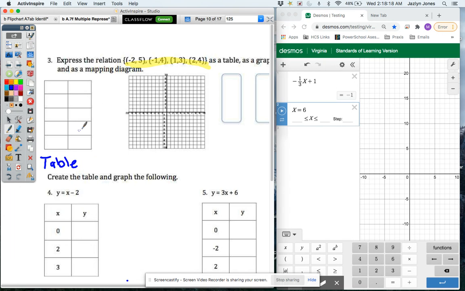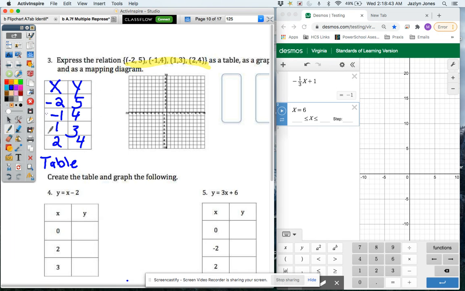My table, which will also give me my ordered pairs after I plug it in. But in my table, I know I need an X and a Y. X and Y, right? So I'm just going to go ahead and start plugging them in. -2 and +5. -1 and +4. +1, +3, and 2 and 4.